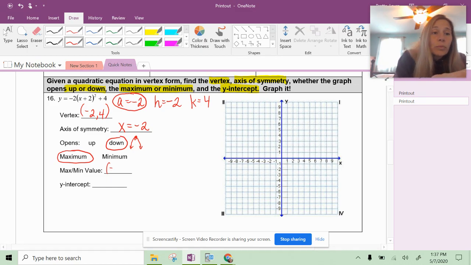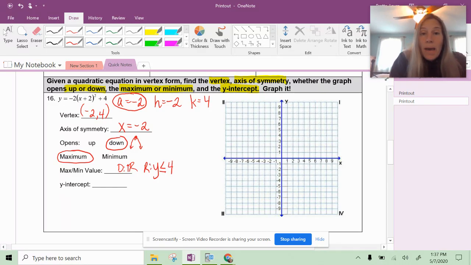So this is where we're going to talk about the domain and range for a minute. So your domain is all real numbers, right? But your range, the y's would have to be all less than or equal to 4, and that's our range. So that 4 is the maximum value on the parabola.